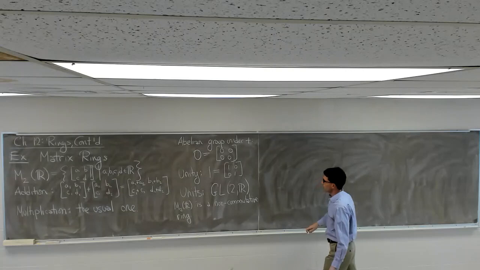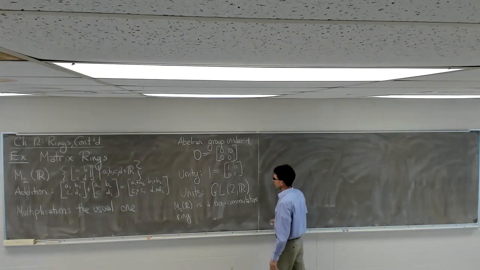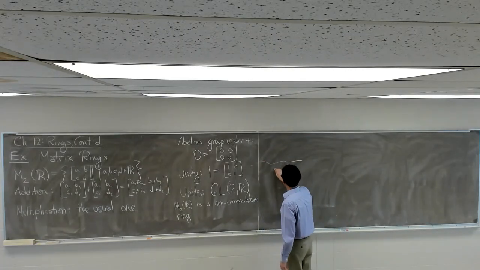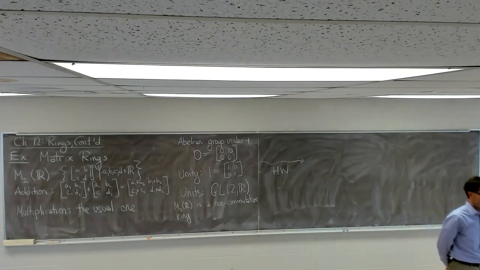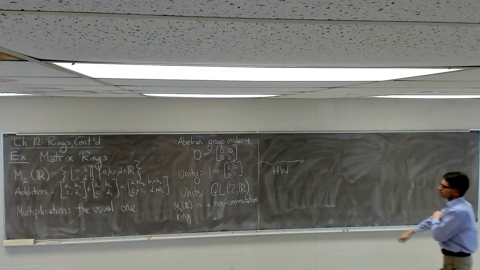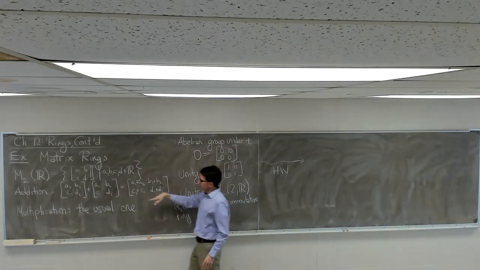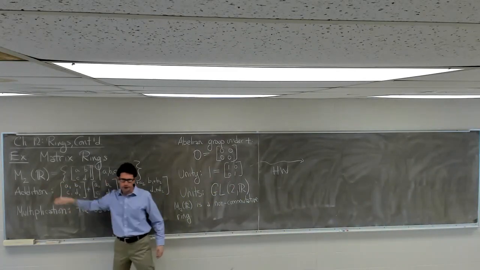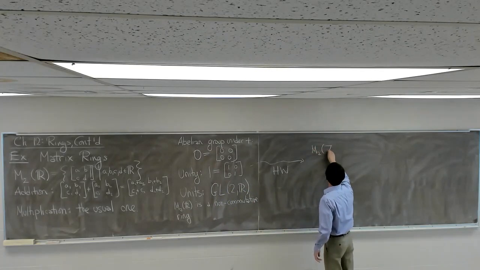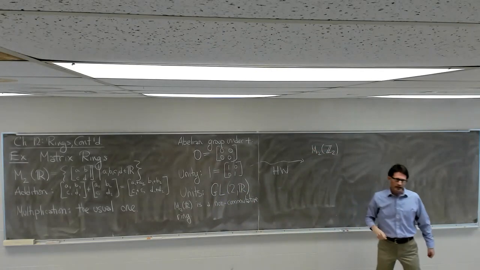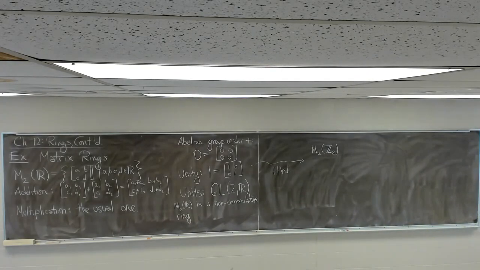Okay, so here then, with the homework, I'm asking you to think about something similar, but now matrices whose entries are not real numbers, but rather matrices where the entries are integers mod 2.